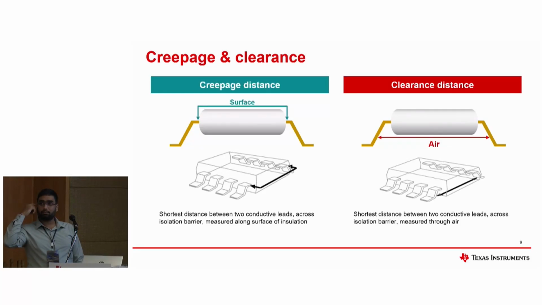The reason why this is important is that it also plays a major role in your basic versus reinforced isolation. Although it is not defined by any standard, it brings the basic manufacturability concern. So if you want to have a reinforced isolation, you need to have a minimum creepage.